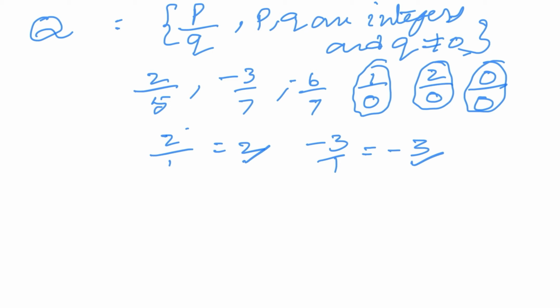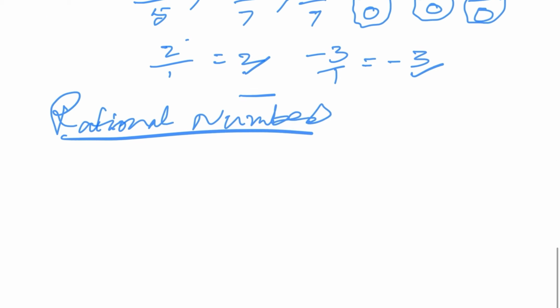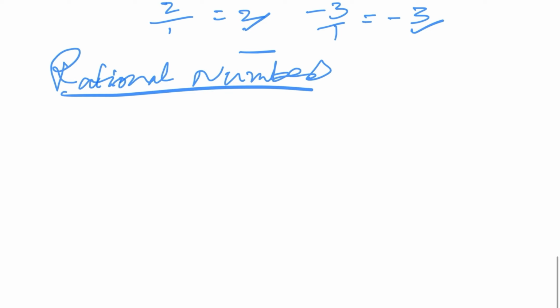Rational numbers include fractions, natural numbers, whole numbers, and integers. This is the name of the present chapter: rational numbers. We are going to discuss the properties of rational numbers.